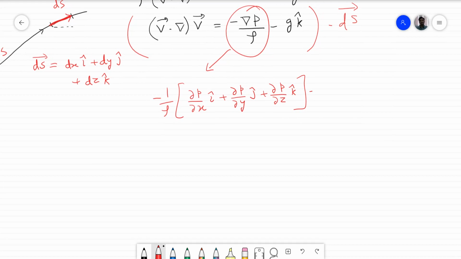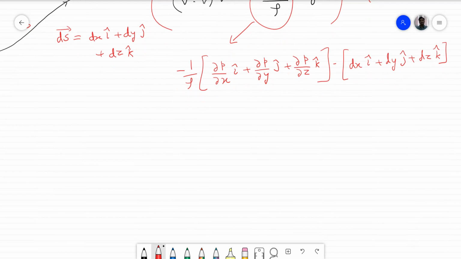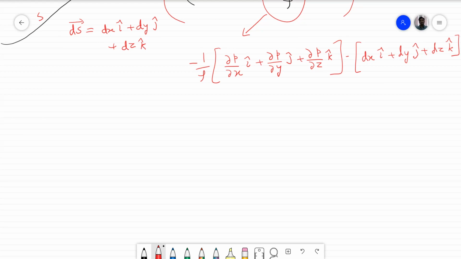And the dot product with ds, ds also we can expand in terms of dx, dy and dz k cap. So from here we get dou p by dou x dx plus dou p by dou y dy plus dou p by dou z dz, which is equal to dp, which is the total derivative, or dp by dx times dx, or dp by ds times ds.